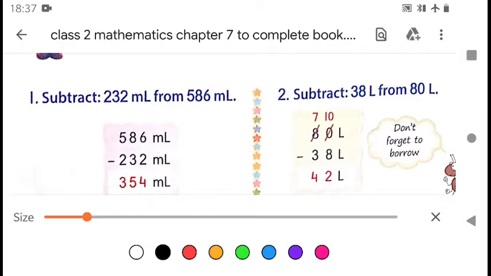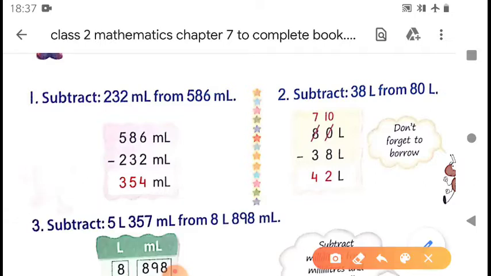As I have explained earlier also, subtract 232 ml from 586 ml means we have to subtract 232 milliliter from 586 milliliter. मतलब 586 milliliter में से हमको 232 milliliter माइनस करना है. Okay? We have to subtract 232 milliliter from 586 milliliter.